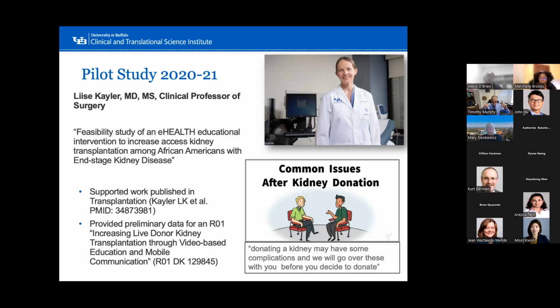So the translational science part of this is: okay, this works for kidney transplants. What else can this expertise of developing these approachable, culturally sensitive apps and videos do? What else can we do with that in terms of increasing health literacy? I think there's huge potential here in terms of the impact on health literacy and outcomes for other illnesses as well.